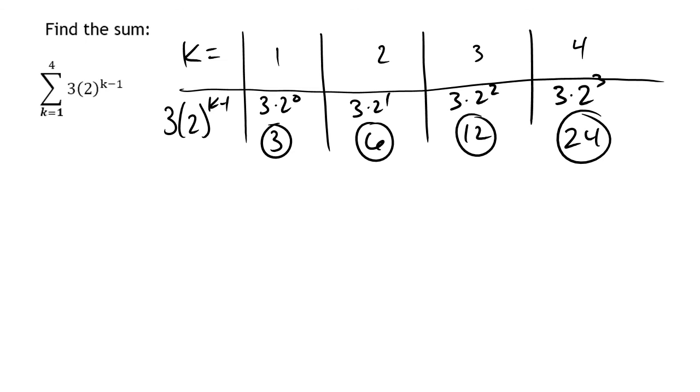That's 9 plus 36, which is, I believe, 54. So the sum of the first 4 values of that geometric sequence is the number 54.